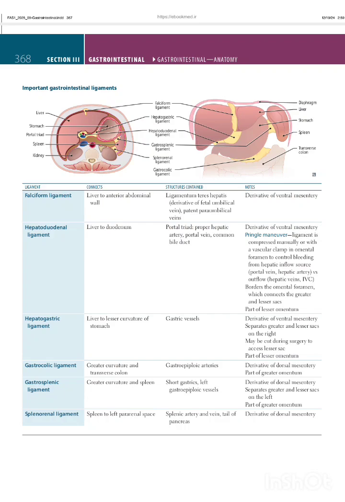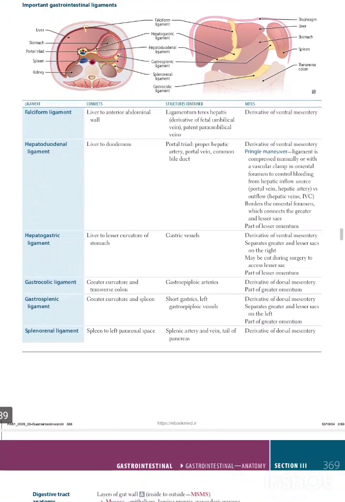Then we have hepatoduodenal ligament, which is between liver and duodenum. It contains the portal triad, which is proper hepatic artery, portal vein, and common bile duct. Then after that, we have hepatogastric ligament, liver to lesser curvature of the stomach, and it has gastric vessels.